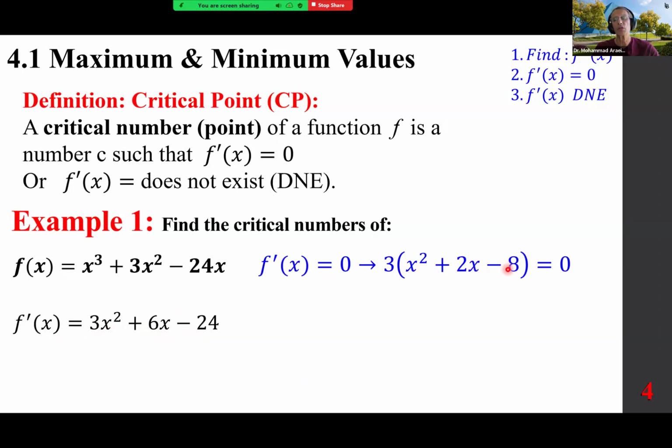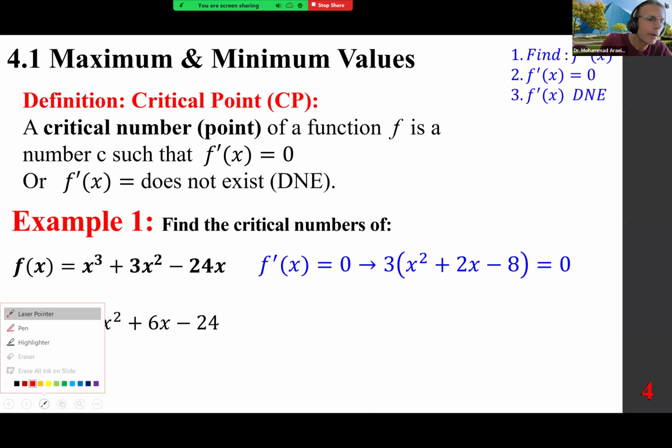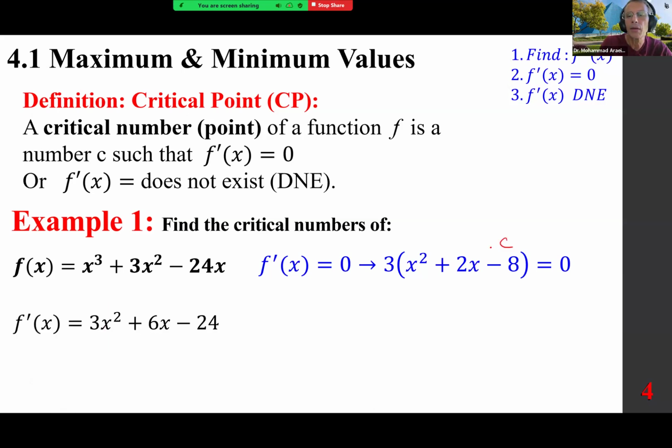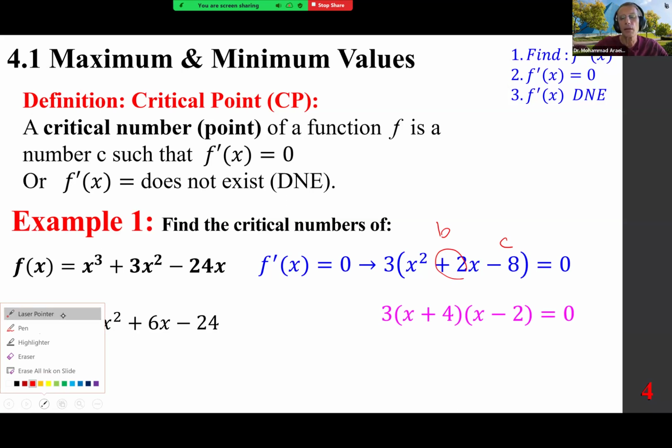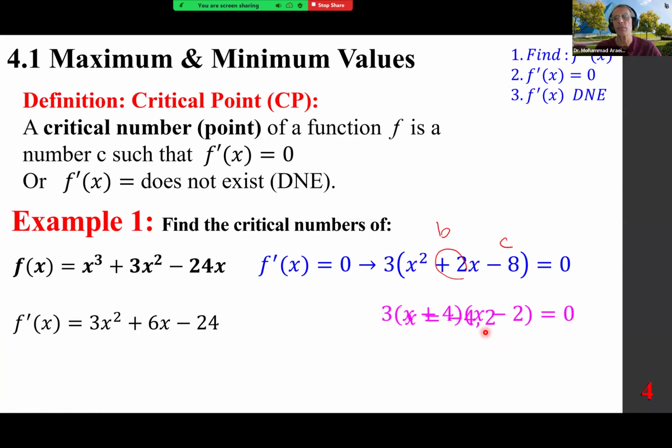I want two numbers whose product is ac, or negative 8, and whose sum is b, or 2. So the answers are positive 4 and negative 2. The first one gives us x equals negative 4, and the second one gives us x equals 2. So that was the second step.